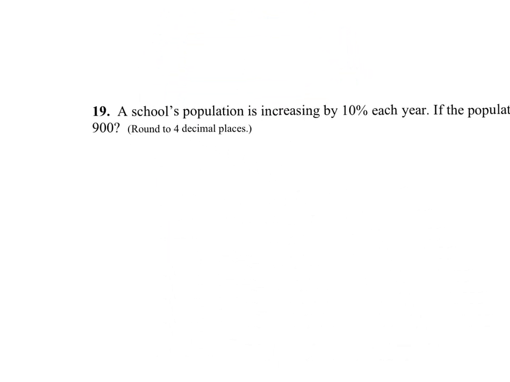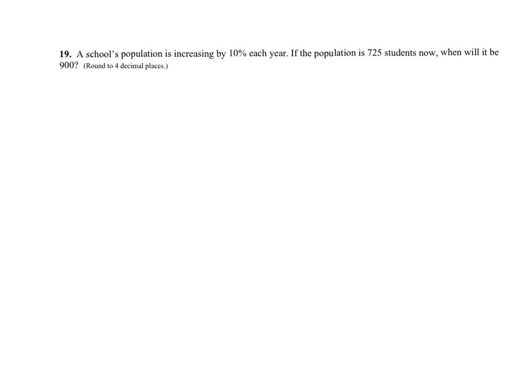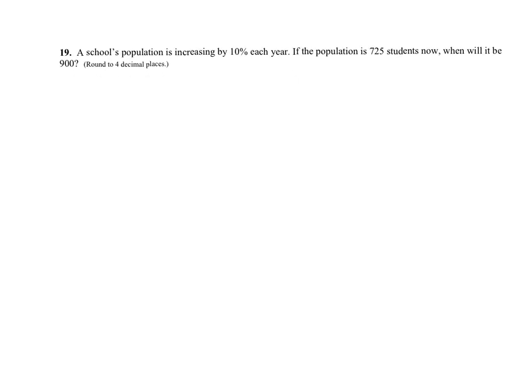Okay, last thing. Says a school's population is increasing by 10% each year. If the population is 725 students now, when will it be 900? Okay, the exponential equation, let's just set up our equation for now.